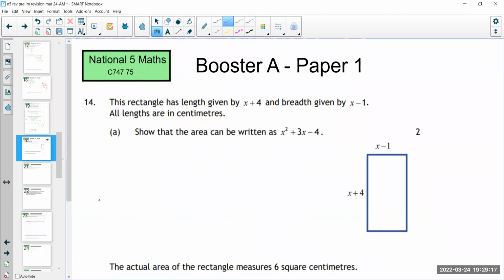All right, so for this question, we had a rectangle which had length given by x plus 4, x minus 1. All lengths are in centimeters. Show that the area. So what is the area? Area is length times breadth.